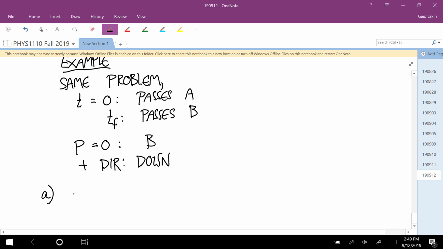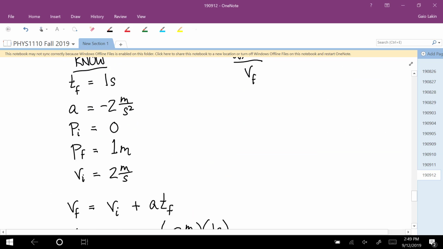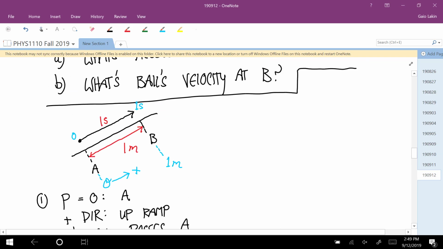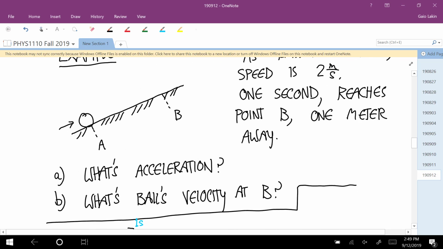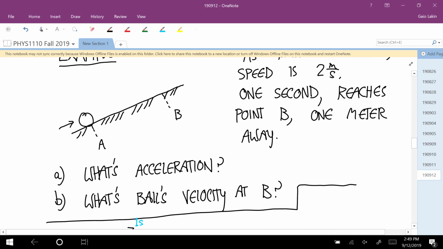So see if you can calculate the acceleration. Okay, first of all, let's see if we can think about what we're going to get. So remember, in this first case, with our first set of choices about P equals 0 and positive direction and stuff, our velocity was this way, right?